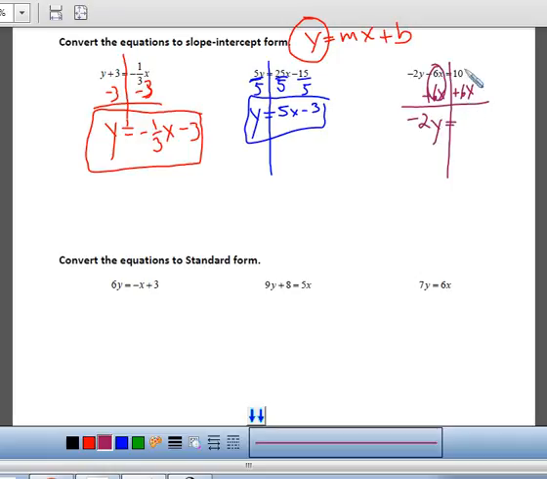If you want to write this 10 plus 6x, that's fine. But remember, addition is commutative, so I can switch it around. 6x plus 10 is basically the same thing. And I want to try to keep it in this mx plus b form, so I'll put the term with the x first. Now I'm going to divide everything by negative 2.